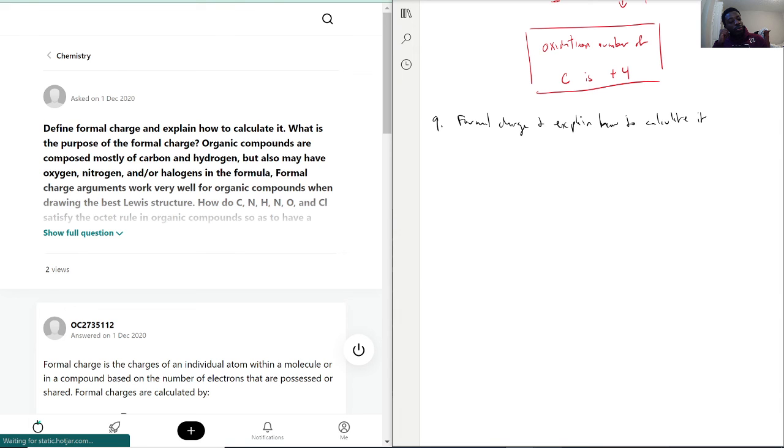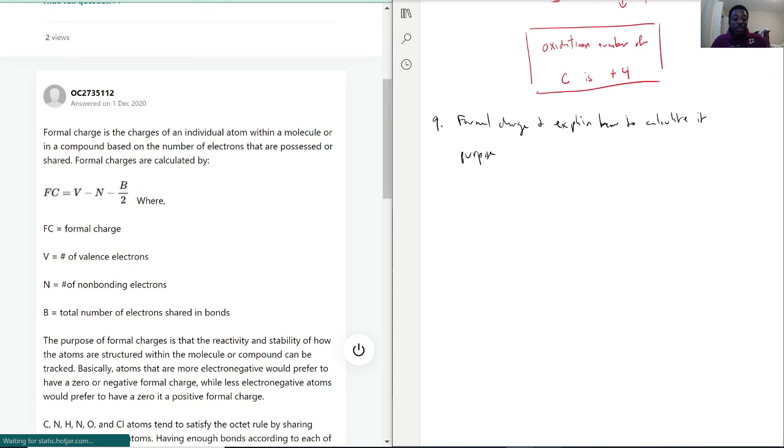So with this being said, we're just going to refer to the answer here because they do a pretty good explanation of it. I'm just going to highlight key points here, okay? Formal charge is a charge of an individual atom within a molecule or compound based on the electrons that it's holding or sharing, okay?